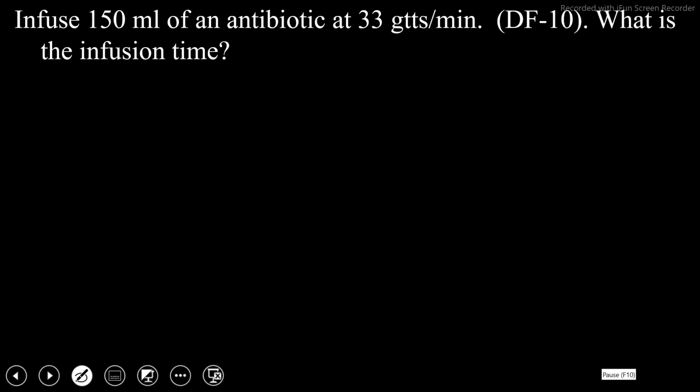Next problem, infuse 150 mL of an antibiotic at 33 drops per minute. Drop factor is 10. What is the infusion time? So what we're solving for is going to be time, and how we know what units the time will be in is the only other measurement of time in here is minutes, so it'll be in minutes. So we're looking for minutes.